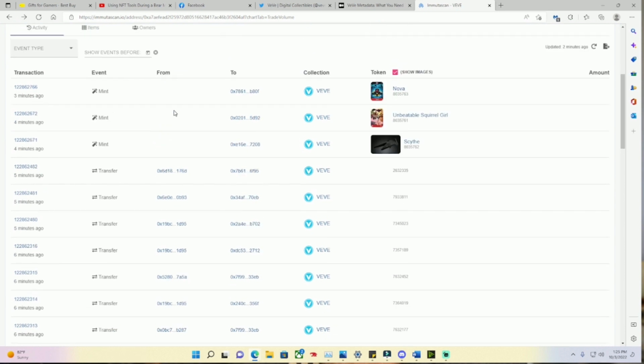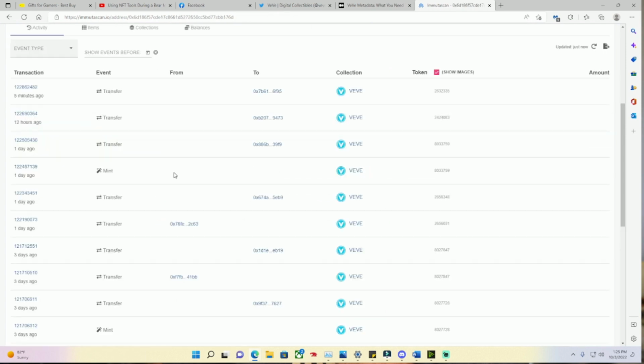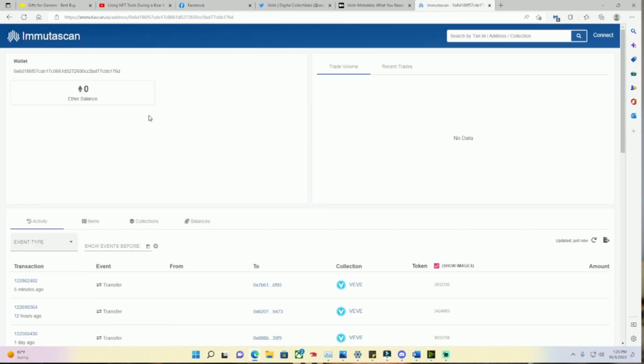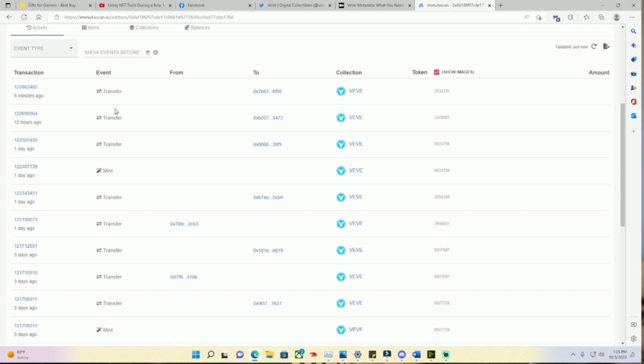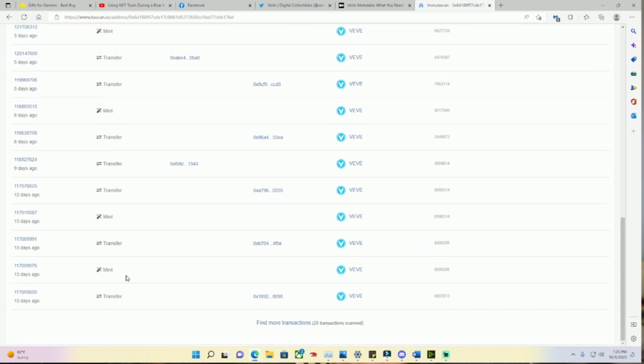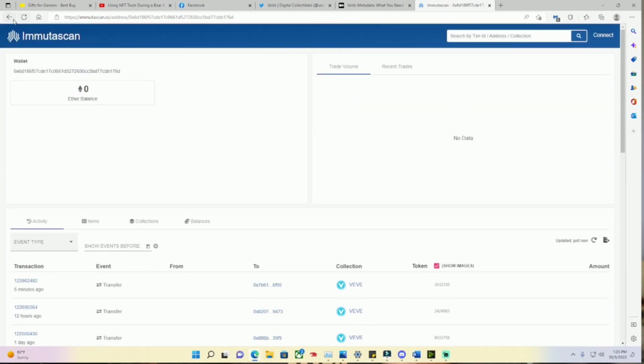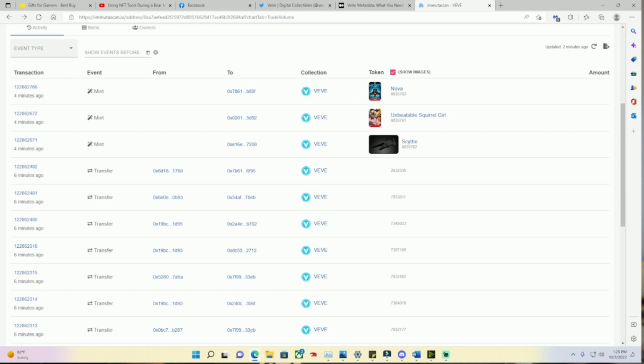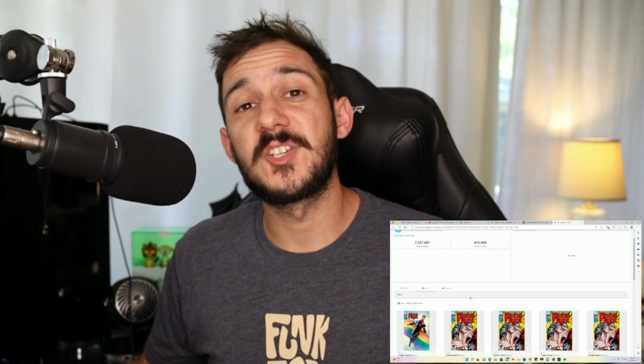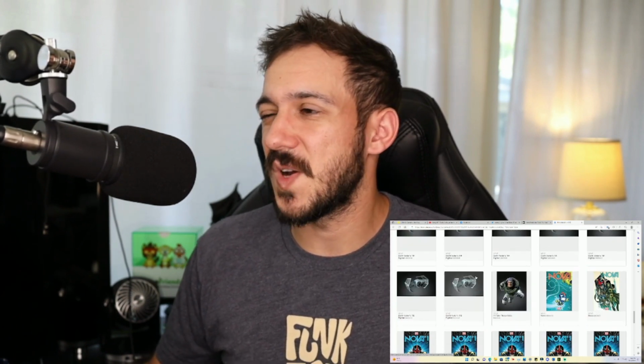I would be interested in maybe tracking certain wallets. Like, let's see the transfer as opposed to the mint. We can see that this wallet right here, all the transactions that they've done, all the token mints that they did, all the transfers. I'm wondering if wallet tracking will become a bigger thing now that we have this. You can actually sort by items and just see all the images of items down here that were minted or transferred.